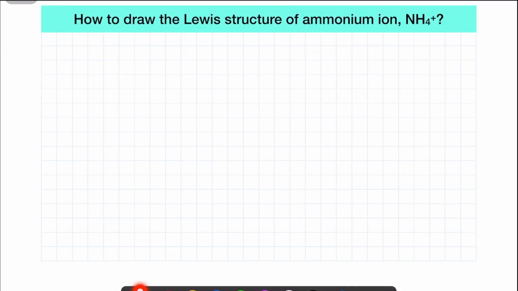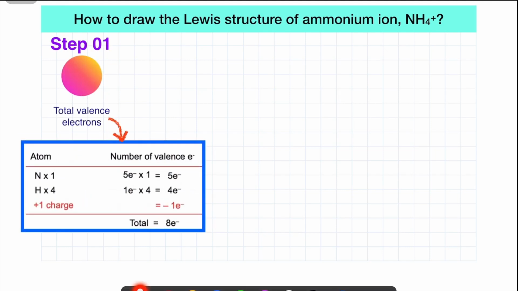Let's see how to draw the Lewis structure for an ion, which we choose here is the ammonium ion NH4+. Step 1, as usual, you have to calculate the total valence electrons. Here, for nitrogen and hydrogen, because there are 4 hydrogens, it is 1 electron times 4.